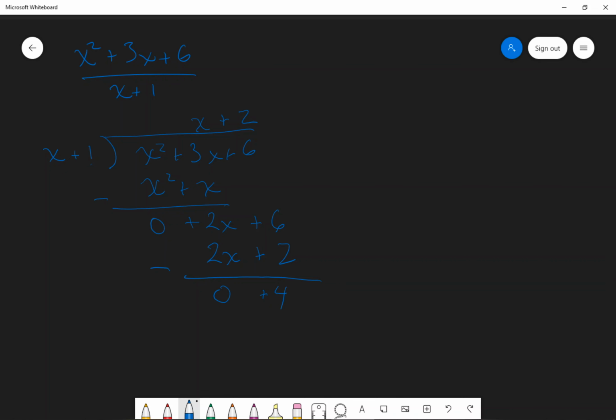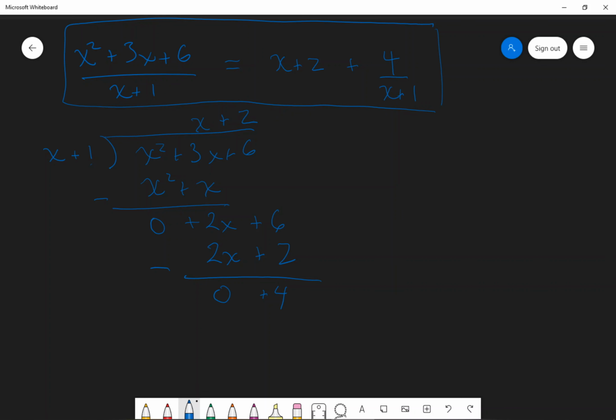So the result of x squared plus 3x plus 6 over x plus 1 is equivalent to x plus 2 with a remainder of 4 over x plus 1. So these two equations are equivalent. This is polynomial long division where the numerator is of a higher degree than the denominator.